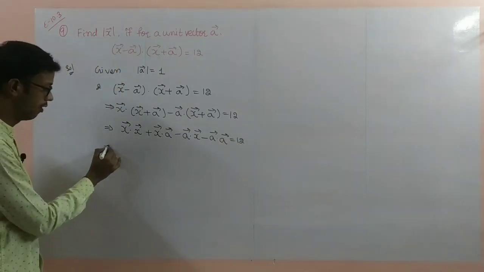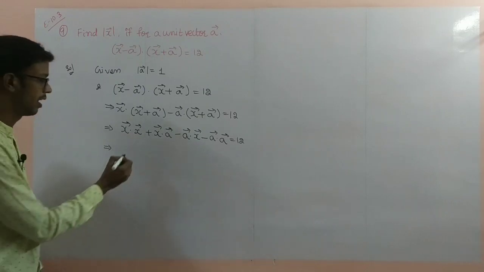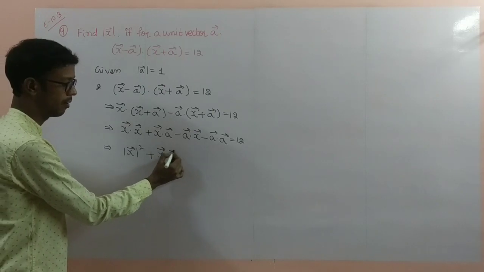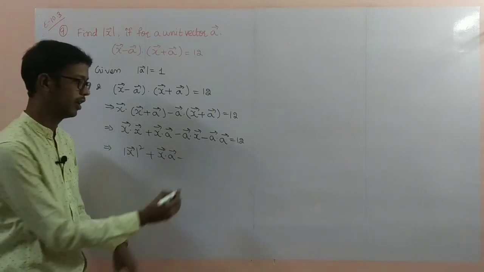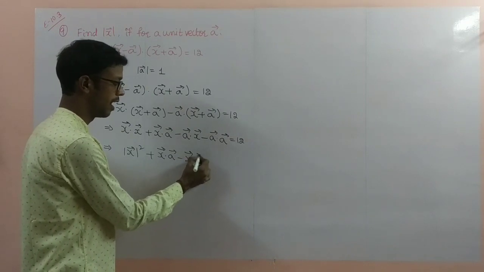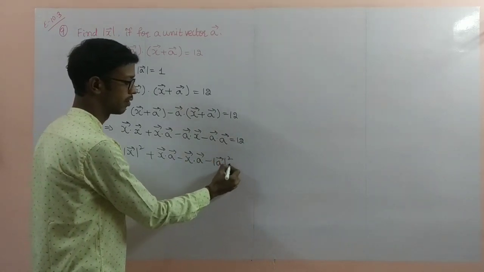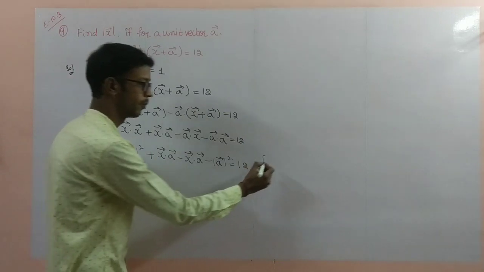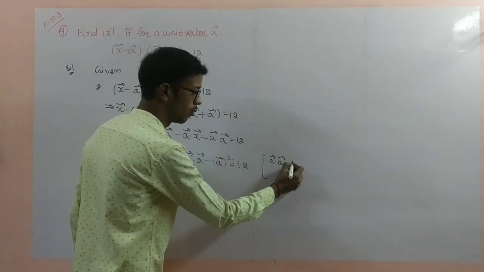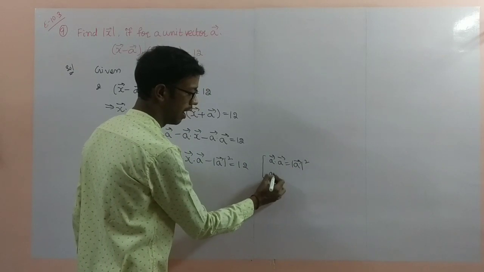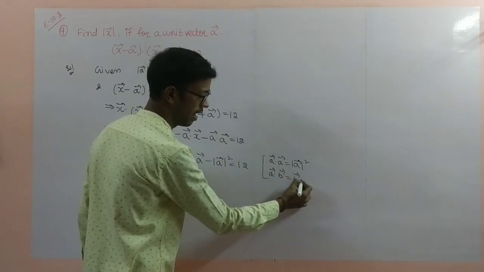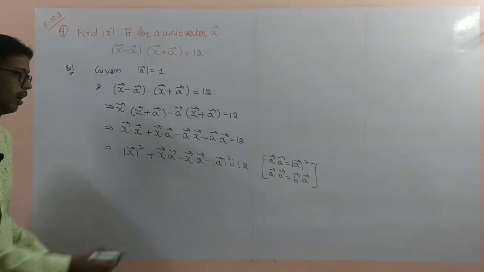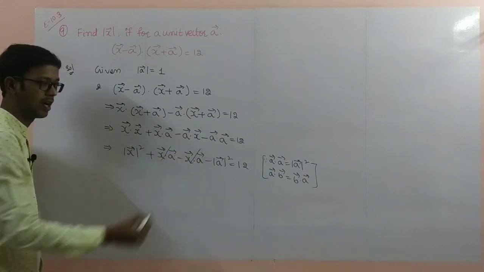So now you have the formulas. x bar dot x bar is magnitude of x bar square, plus x bar dot a bar minus, using the commutative law, x bar dot a bar, minus magnitude of a bar square equals 12. Which values are we using here? a bar dot a bar equals magnitude of a bar square, and a bar dot b bar equals b bar dot a bar. This is the commutative property. These two properties I am using here. Now x bar dot a bar, x bar dot a bar cancel.